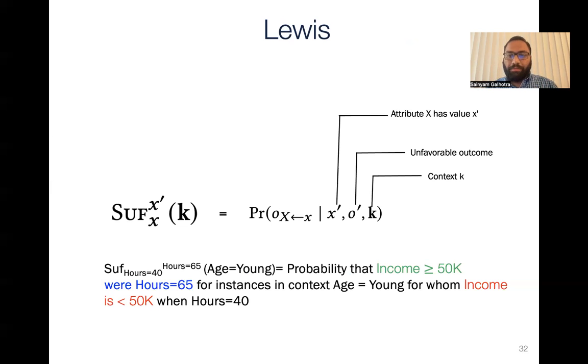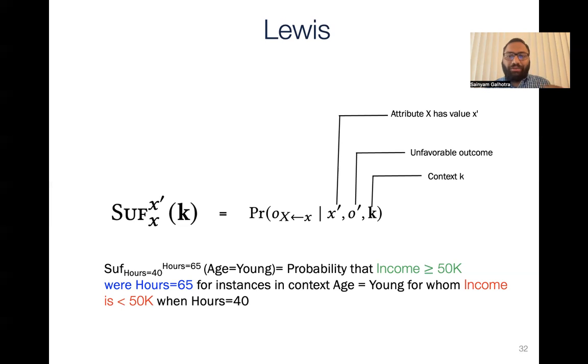So for example, in the previous case, we considered Rosa, who received unfavorable outcome O prime and had hours equal to 40. We wanted to calculate the sufficiency score when we change hours to 65. Notice that the condition attributes characterize the subpopulation for which we want to estimate the score.